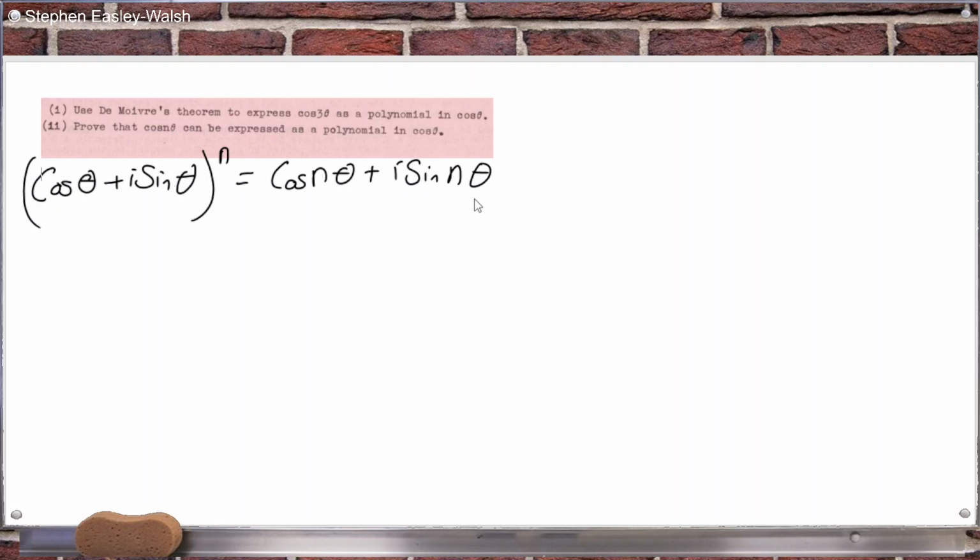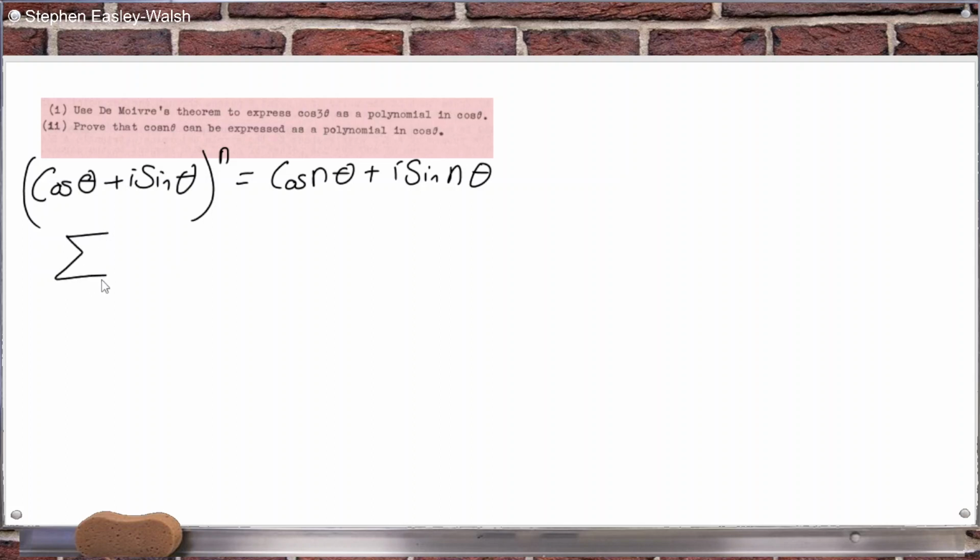So I'm thinking, if I expand on the left using the binomial theorem, let's just see what happens. n C 0 cos n theta plus, well, I guess I should just write it out in summation notation.